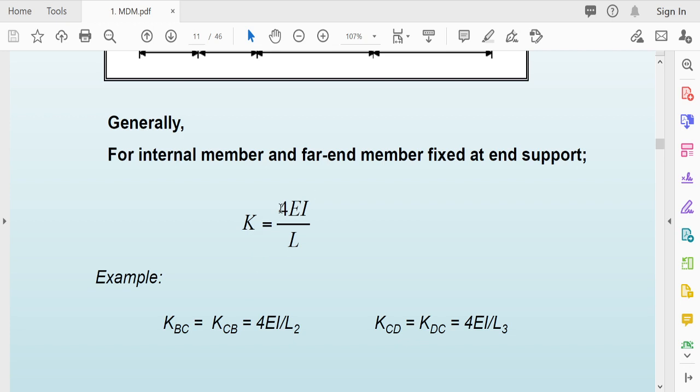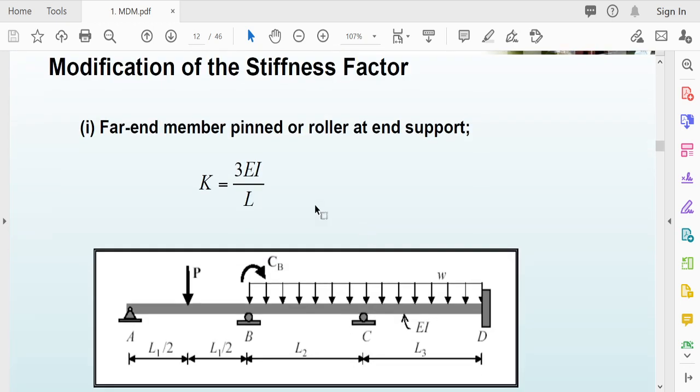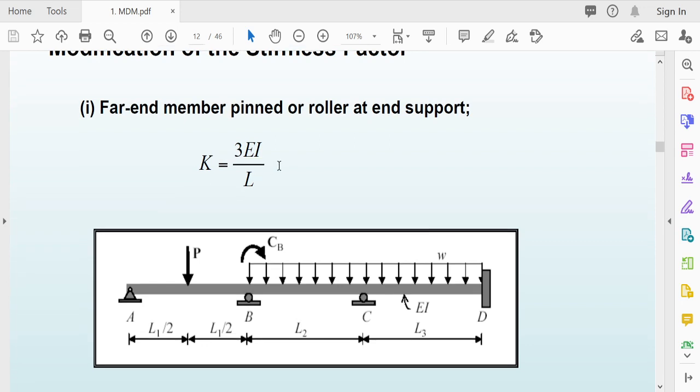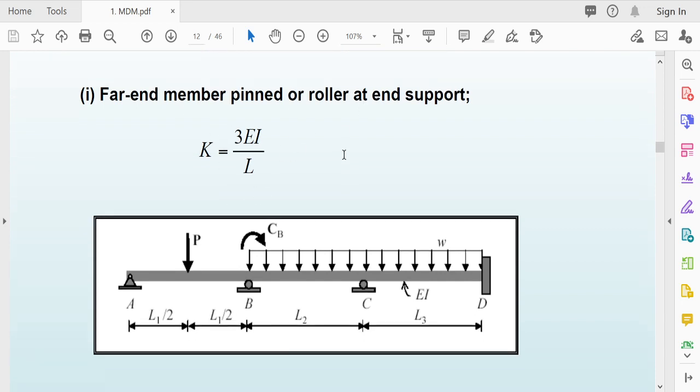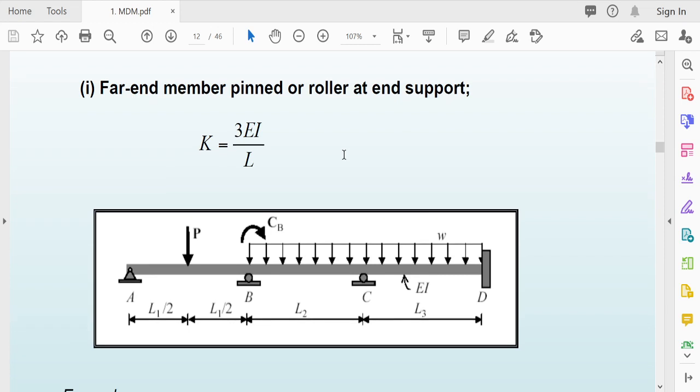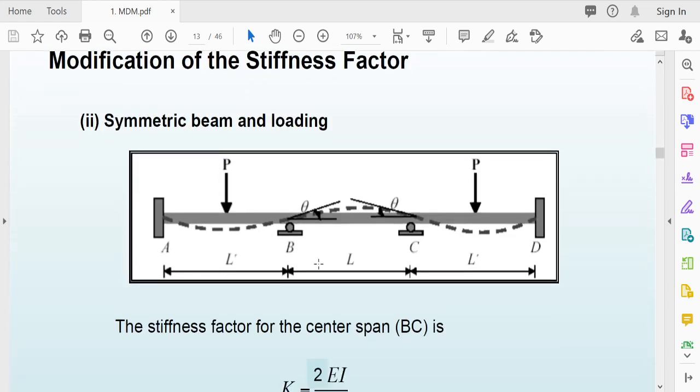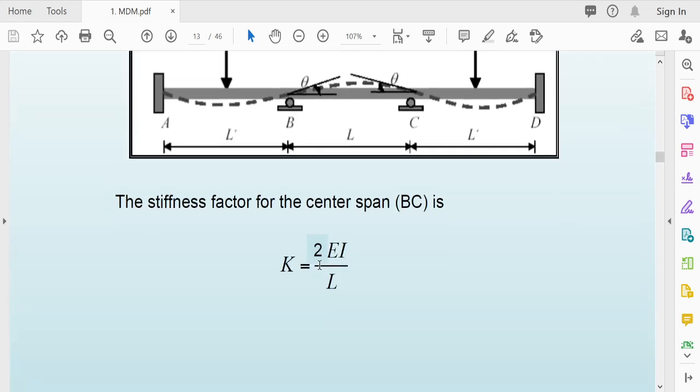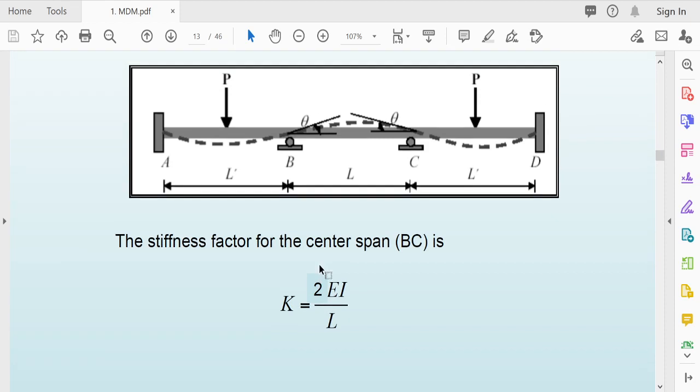K is equal to 4EI over L, and for end pin it is 3EI over L. I will prepare another video considering the end pin or roller to see the difference between 4EI over L and 3EI over L.